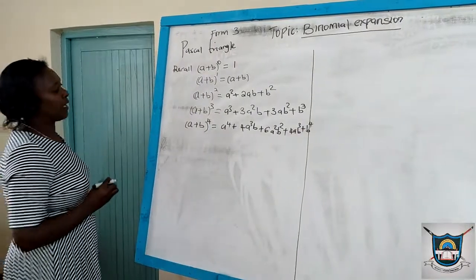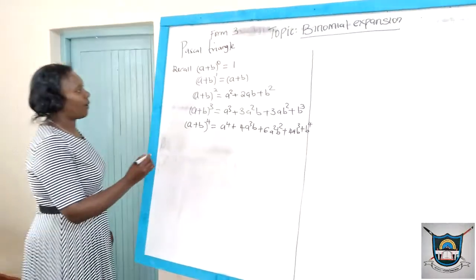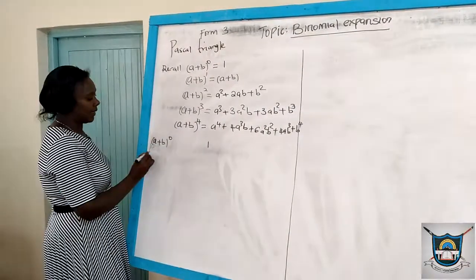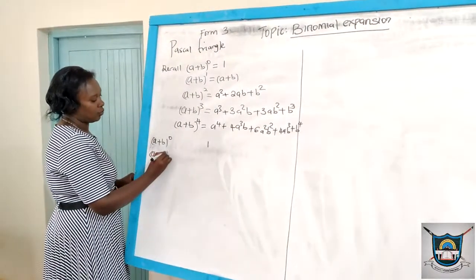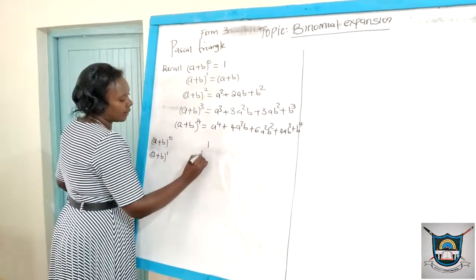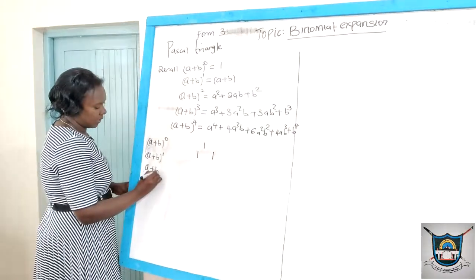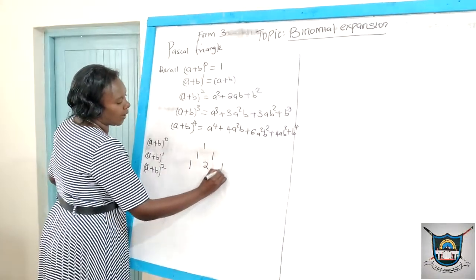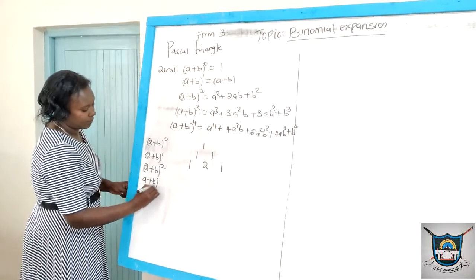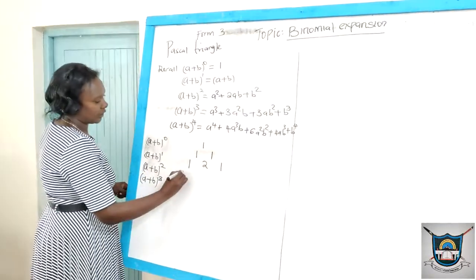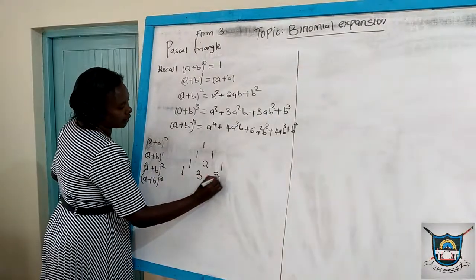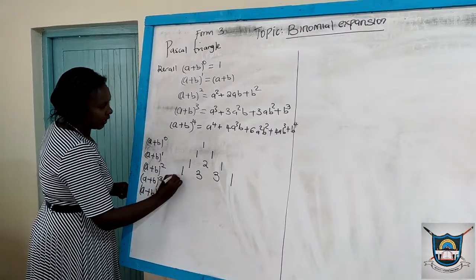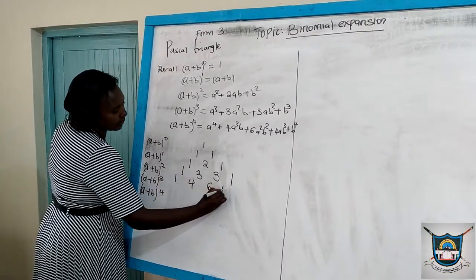Now using this, we can come up with a Pascal triangle where we have (a + b) power 0, the coefficient is 1; (a + b) to power 1, the coefficients are 1 and 1; (a + b) squared, the coefficients are 1, 2, 1; (a + b) to power 3, the coefficients are 1, 3, 3, 1; (a + b) power 4, the coefficients are 1, 4, 6, 4, 1.